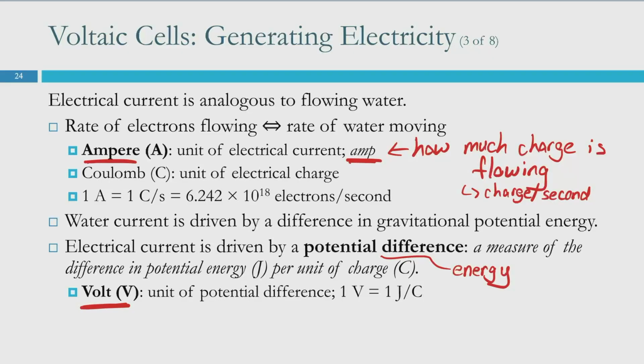So a volt, 1 V, is again a unit of potential energy difference, and it's 1 joule per coulomb. So what difference in potential energy do we have per amount of charge? That's just what a volt is. It's just a number of joules per coulomb.